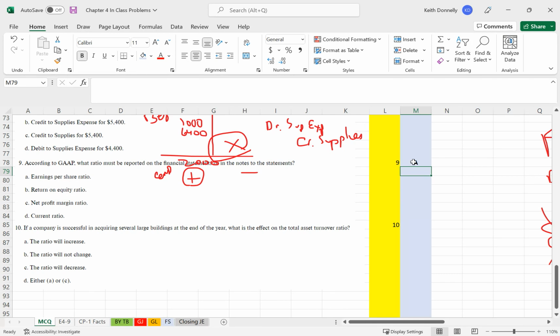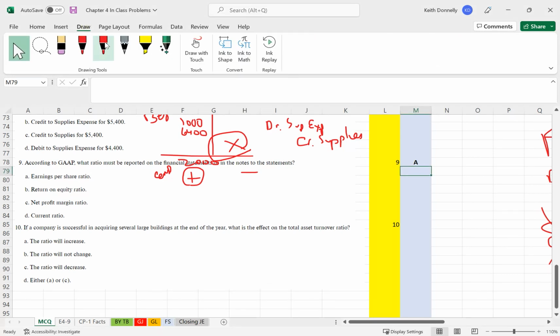10 here. We're looking at some ratio analysis. It says, if a company acquires several large buildings, so its assets were to go up, what's the effect on total asset turnover ratio?